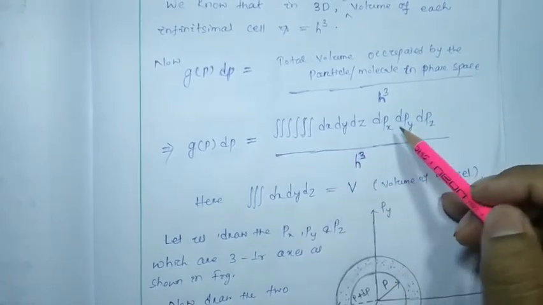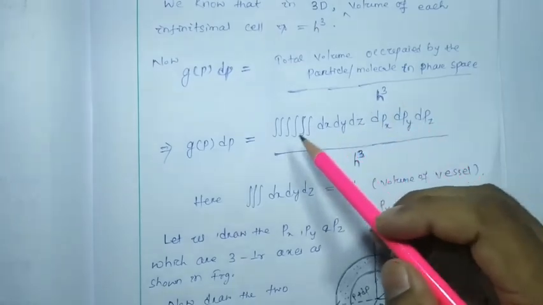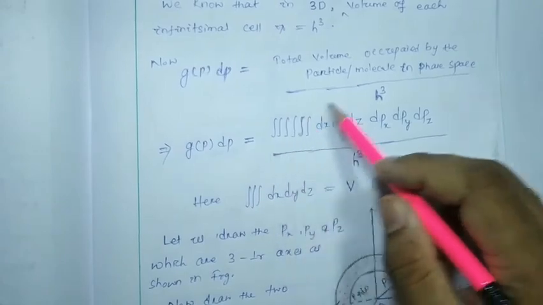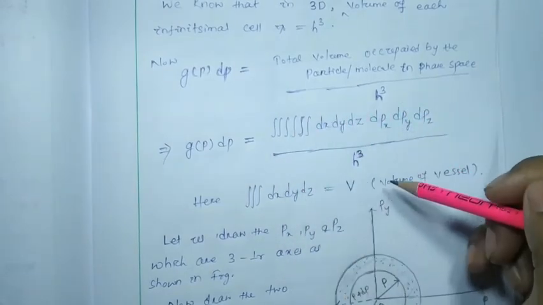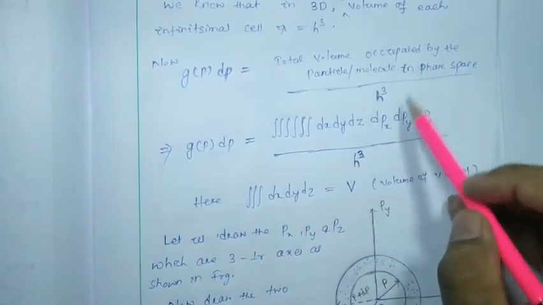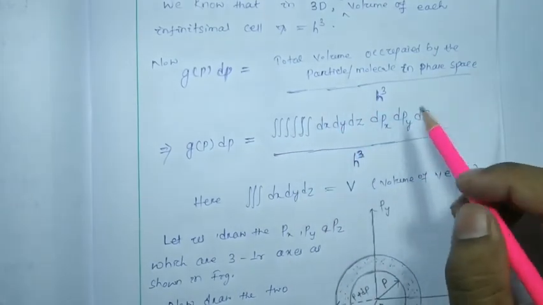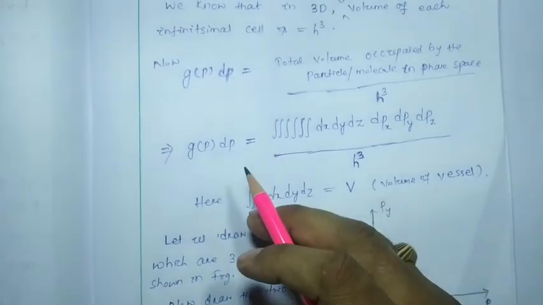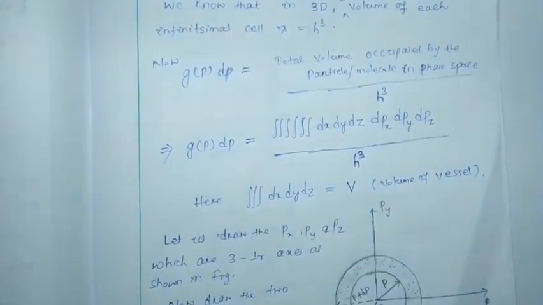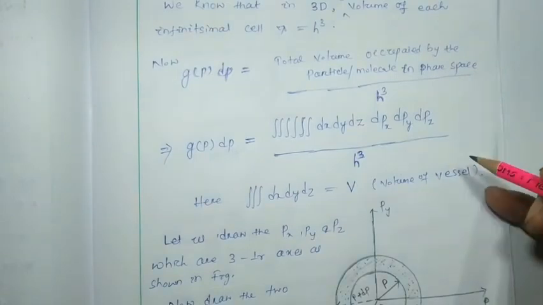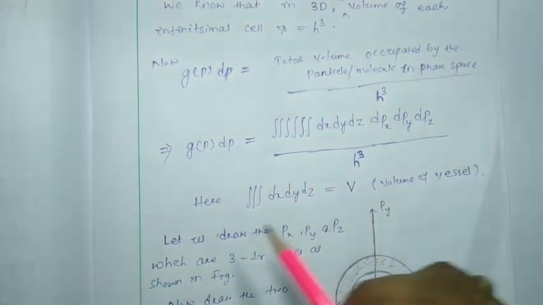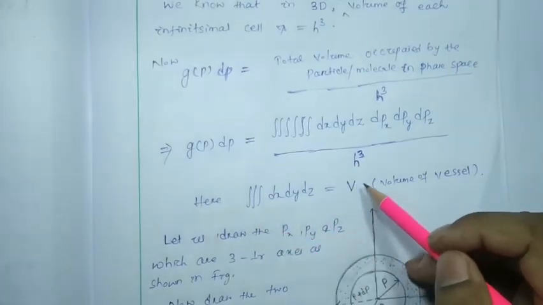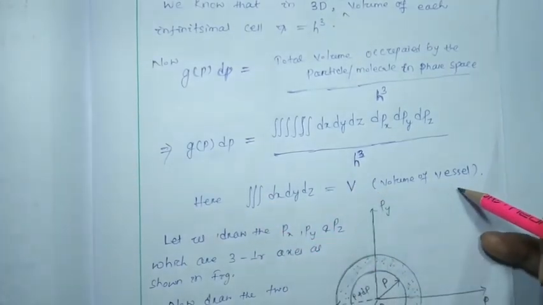We have to integrate these 6 dimensions to find the total volume in phase space. We discussed this in detail in our last classes; you can follow those videos. Here the integration of dx, dy, dz gives V, the volume of the vessel.